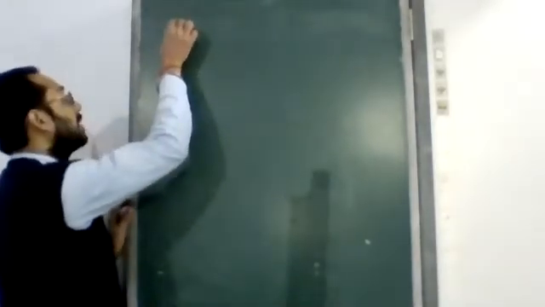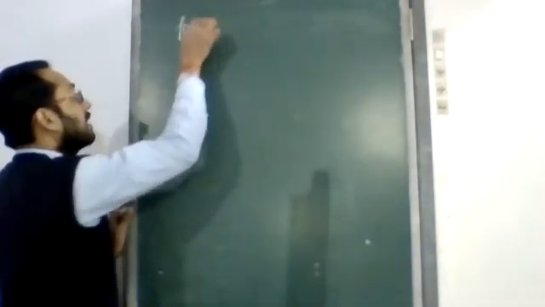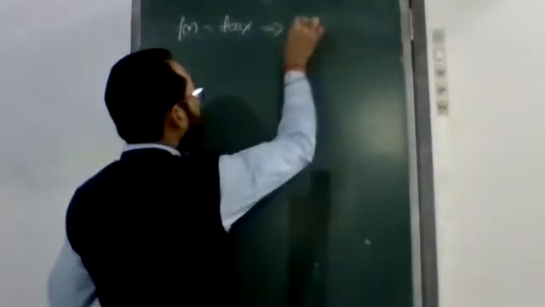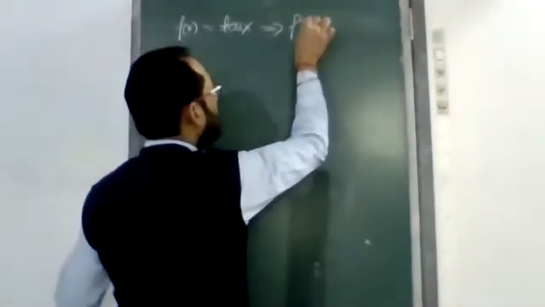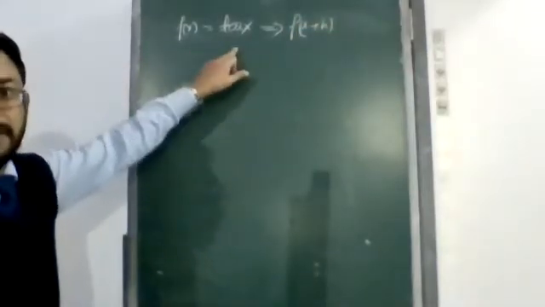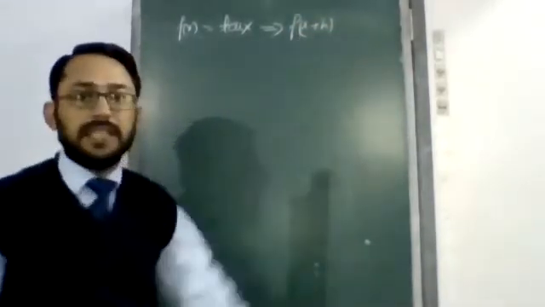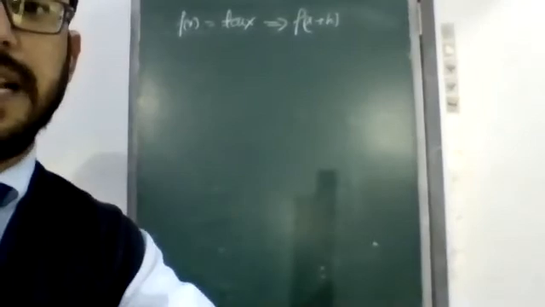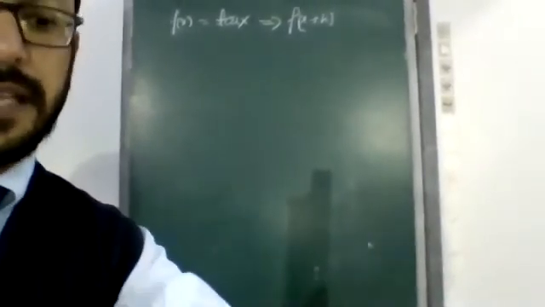Now, one more question I'm taking. This will be the derivative of tan x. Means we have been given the function f(x) as tan x. That implies f(x plus h) will be tan(x plus h). Wherever x is there in the function, we will be writing x plus h.